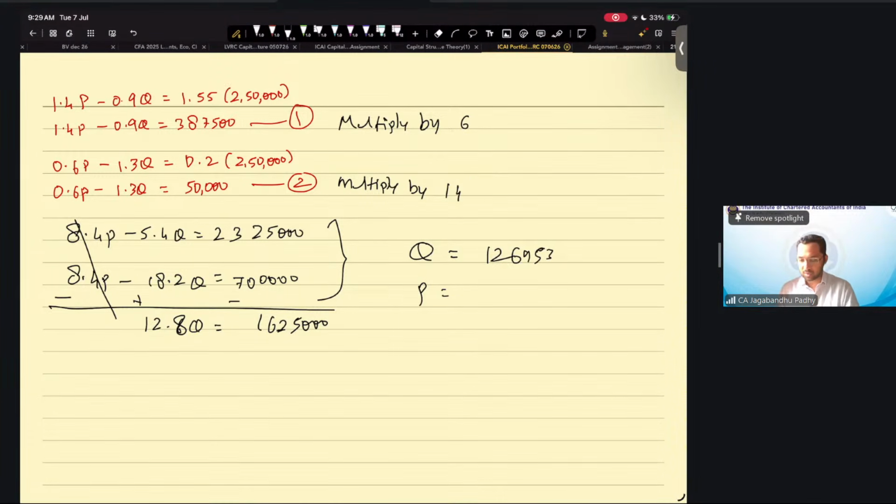What about P? It is 0.9 into 126,953, added to 387,500, and this divided by 1.4.